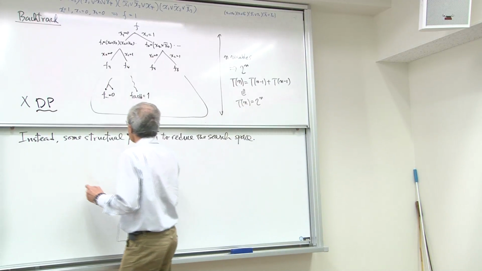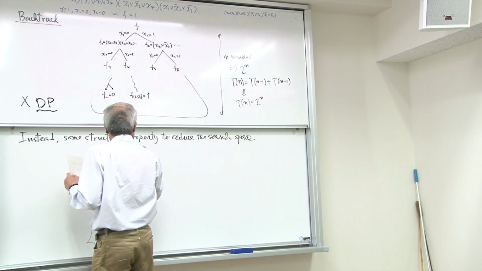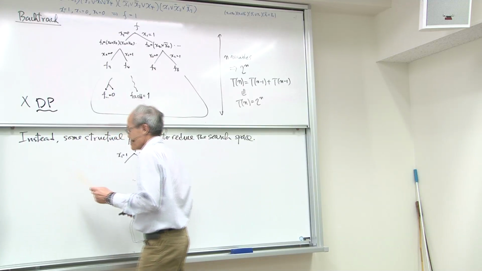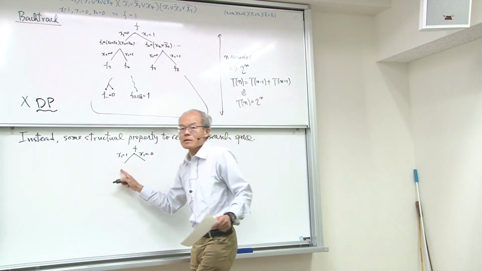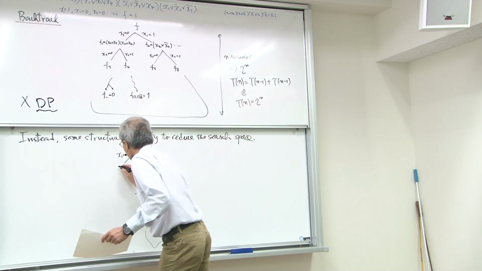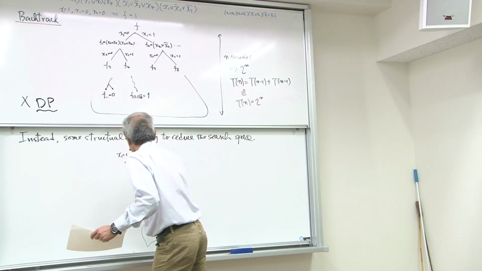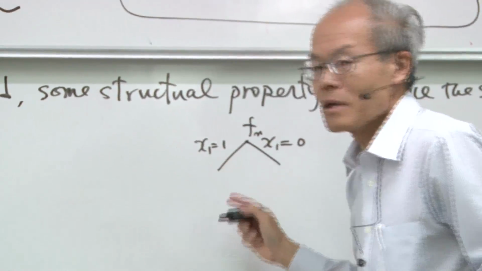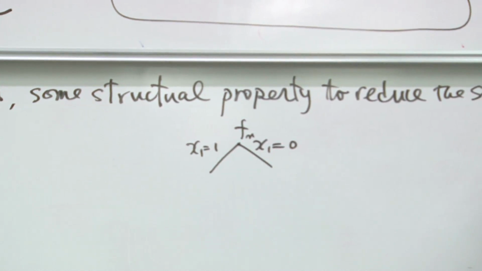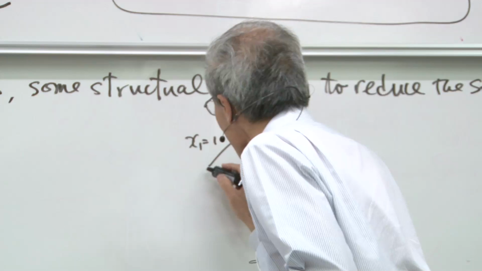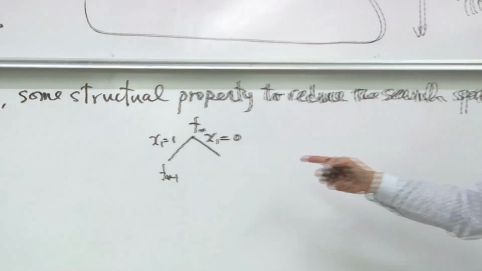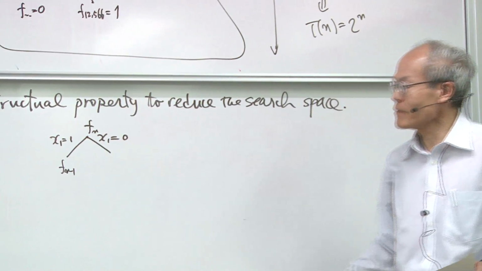This is pretty easy. So again, I write this search tree F. And this x1 is equal to 1, x1 is equal to 0. As I said, here we have f_n, where n is the number of variables. Here, of course, one variable less, so this is f_{n-1}.